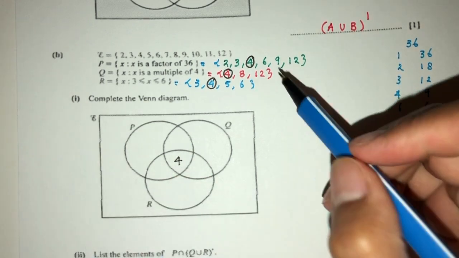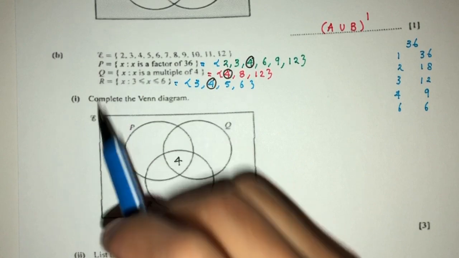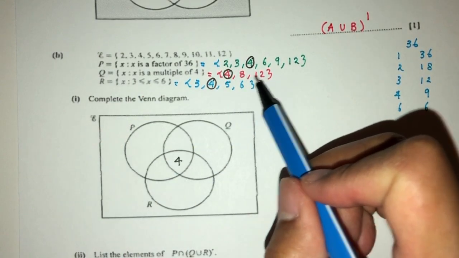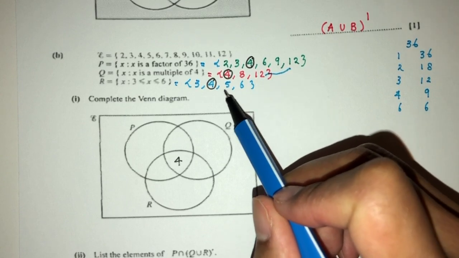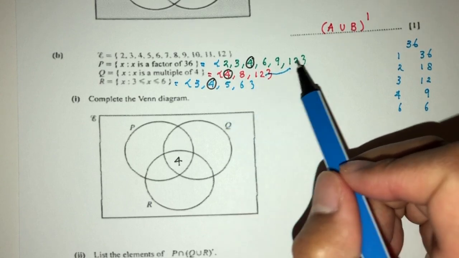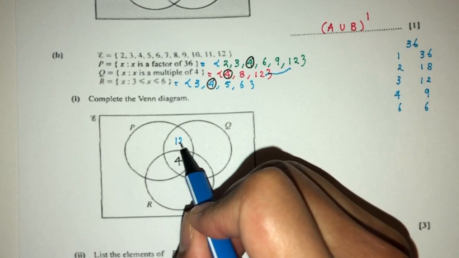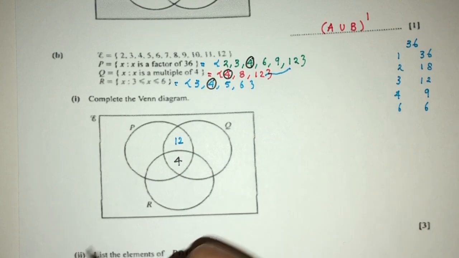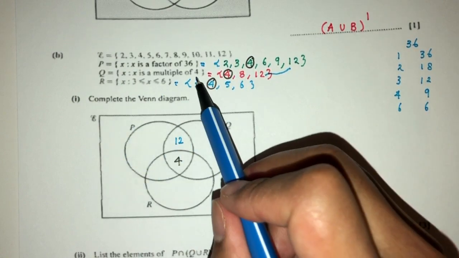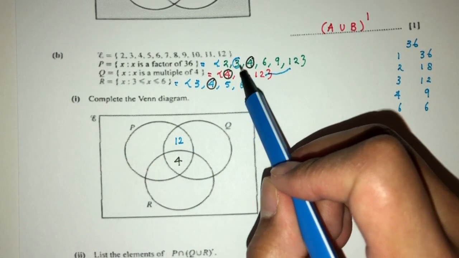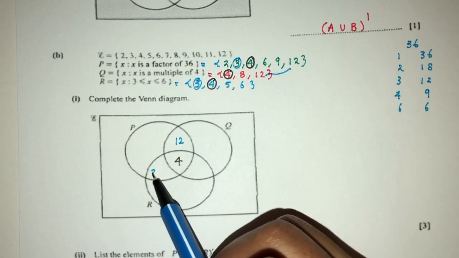Now let's compare what is common between PQ. PQ, let's see, they have the value of 12. That is common. And what else? That's it. So 12 will be right here. And what is common between the values of PR? So let's see. R, we have 3, so they have 3 here as well. So 3 and 3, that should be here.